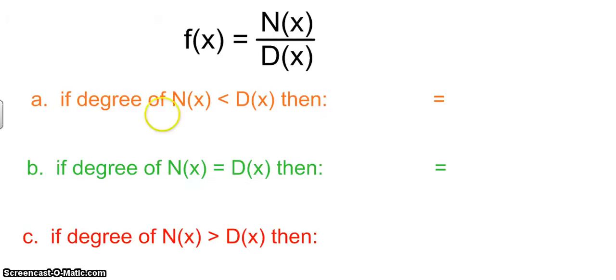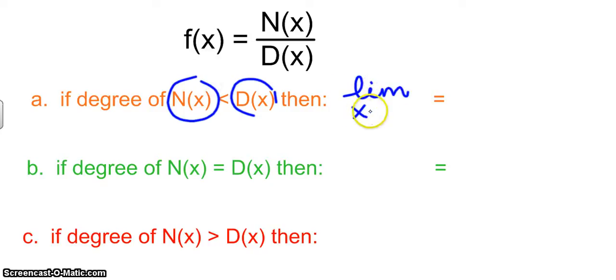Alright, so if we have a bottom heavy function, so the denominator weighs more than the numerator, then we say the limit as x goes to infinity, or this might be negative infinity, pay attention to what's being asked, is going to be equal to 0.